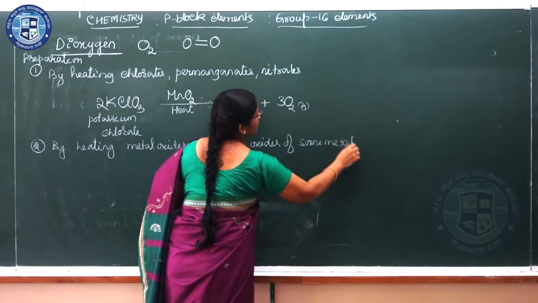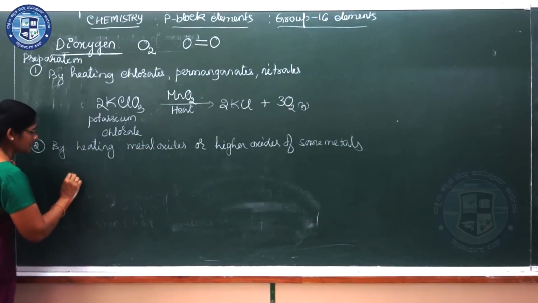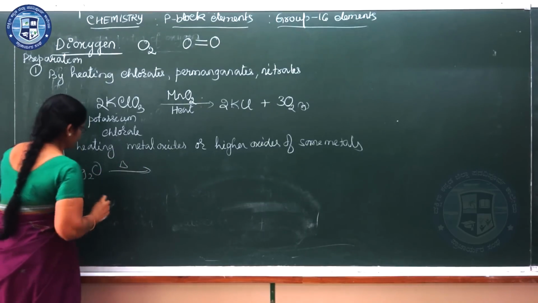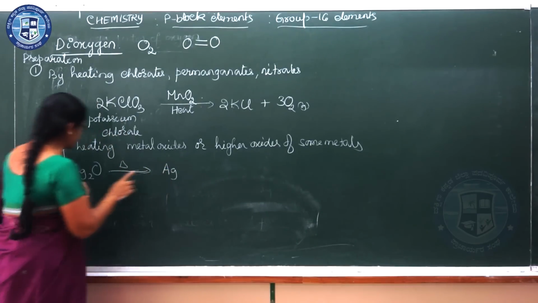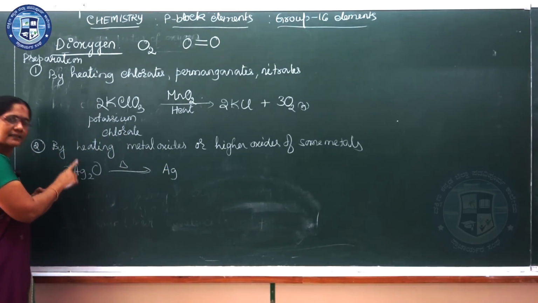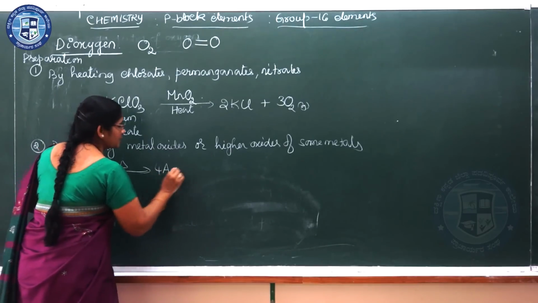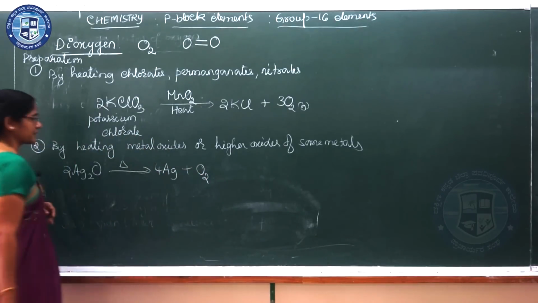So this is another method. I'll give you the examples. Silver oxide, when heated, easily decomposes, because this is not a highly stable oxide, it's quite unstable. It gives silver plus oxygen gas.